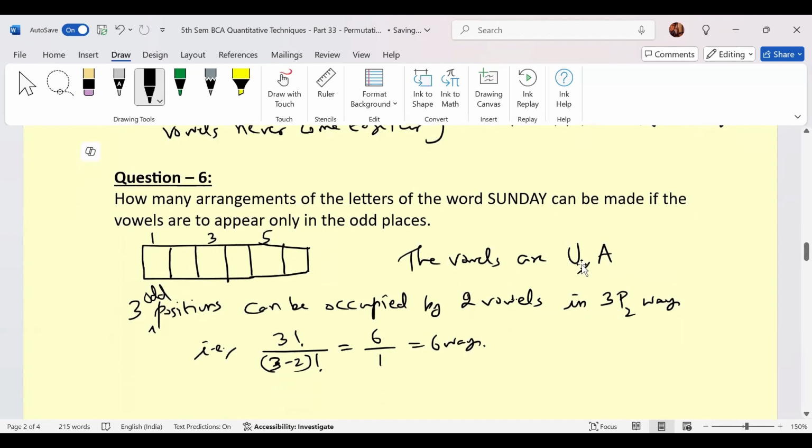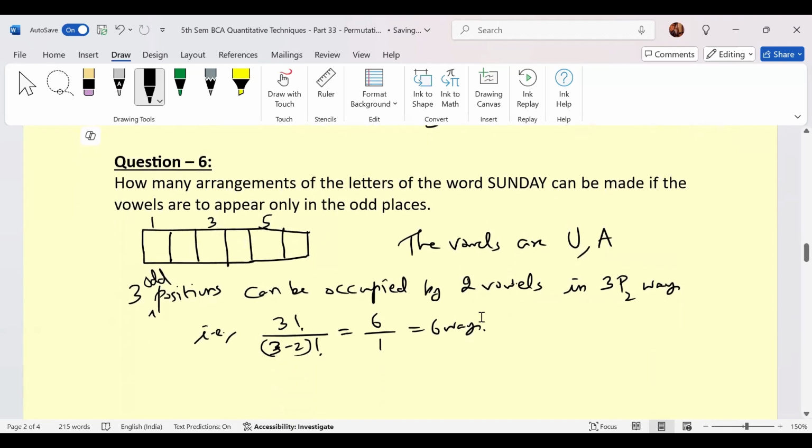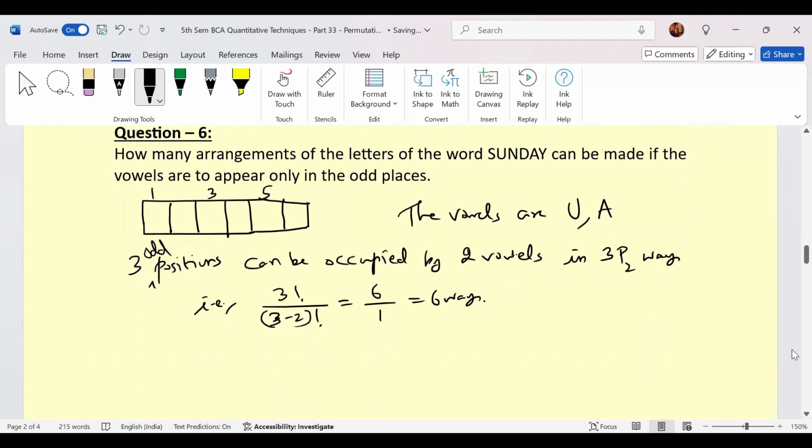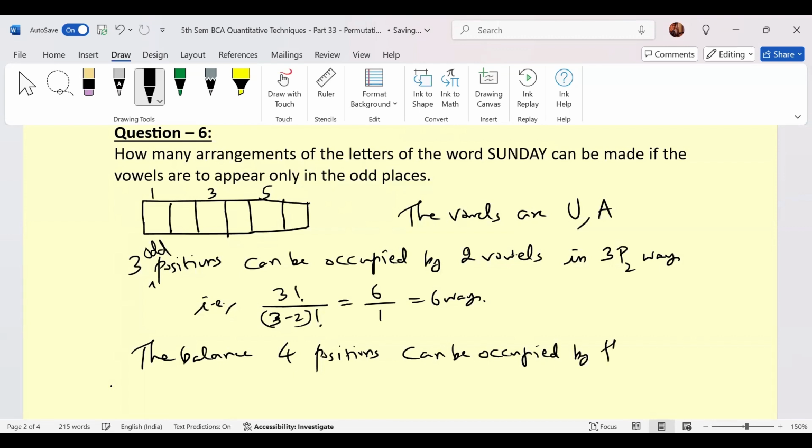Now, only 2 places are occupied actually. We have still the balance 4 places. The balance 4 positions can be occupied by the remaining consonants in 4 factorial ways.